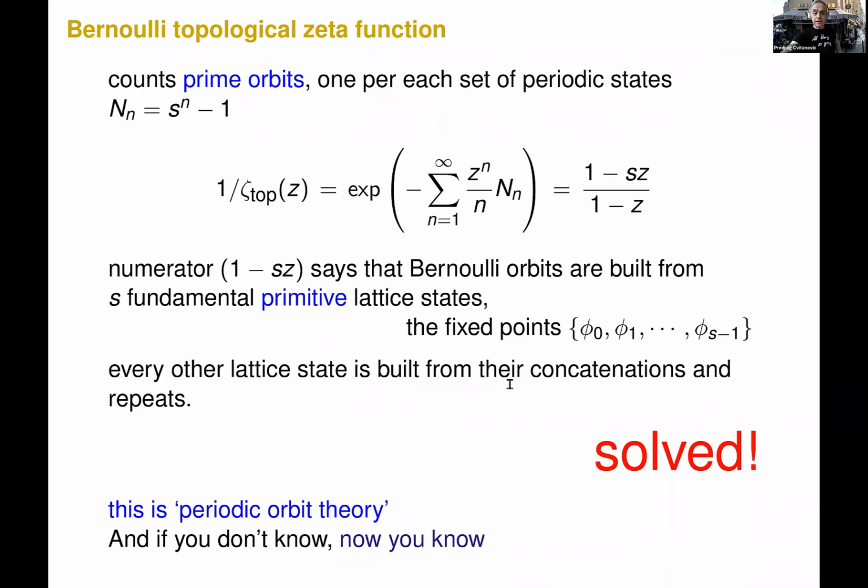In this particular case, we have an explicit solution for the number of prime orbits. We put it in here and we get a rational polynomial. So the zeta function is brilliant. It's extremely simple, especially a topological zeta function. It says this is what generates all solutions and the problem is solved. And this is periodic orbit theory.